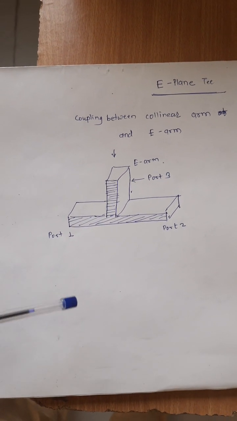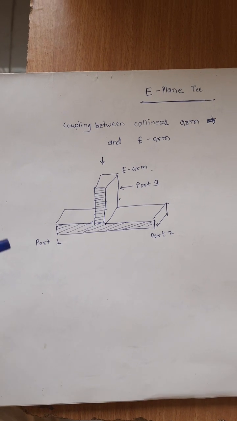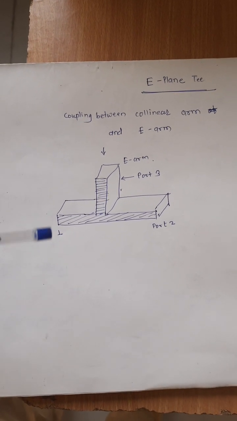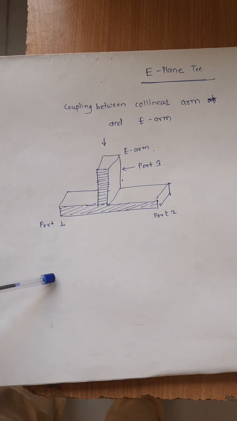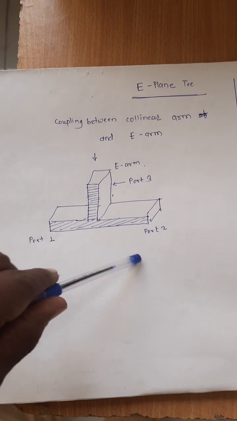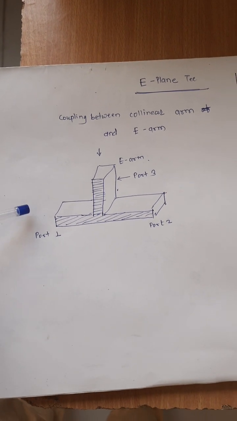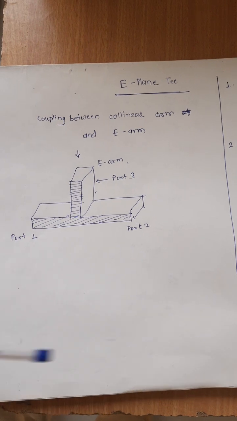In H-plane T we discussed that the energy gets divided equal in magnitude and equal in phase, but in E-plane T the energy gets divided equal in magnitude but opposite in phase, or we can say there is a 180-degree phase shift between the output voltages at port 1 and port 2.